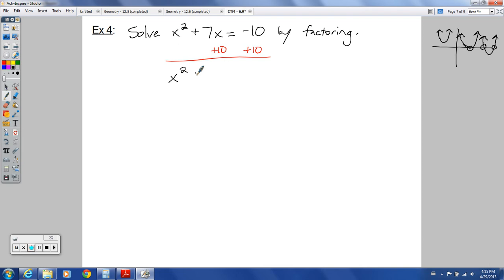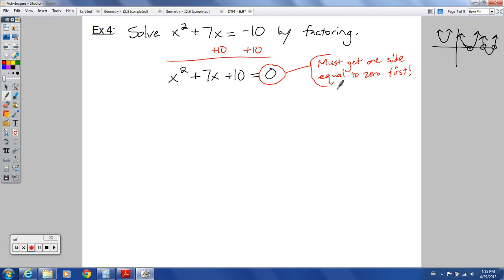So we have x squared plus 7x plus 10 equals 0. Let's make a little note off to the side here that you must get one side equal to 0 first. That's when you're solving by factoring, and that's exactly what we're doing here.